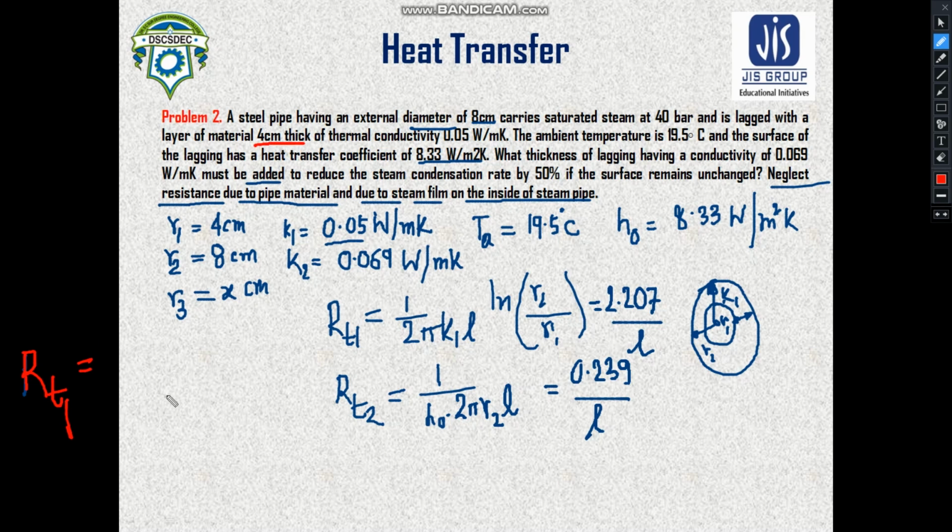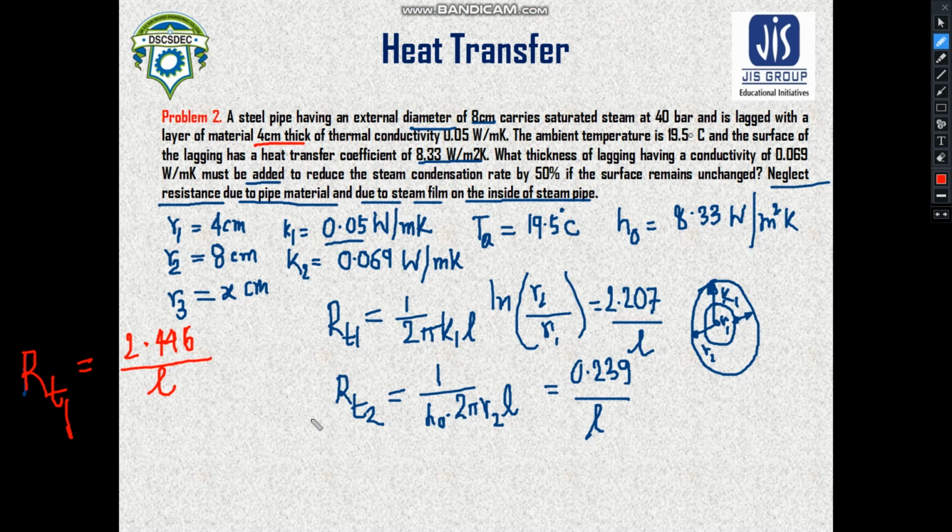So RT1 will be 2.207 plus 0.239 divided by L. So we can write it would be 2.446 divided by L. Okay, so it is again the repetition of the first problem. It is somewhat similar to the first problem which we have taken. So we have calculated the thermal resistance for the first case.